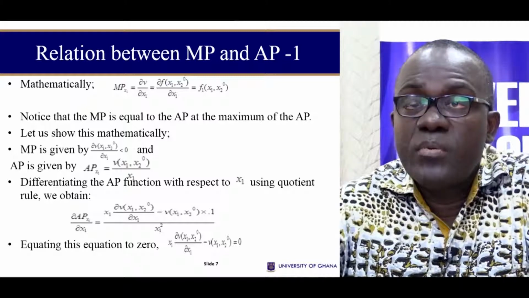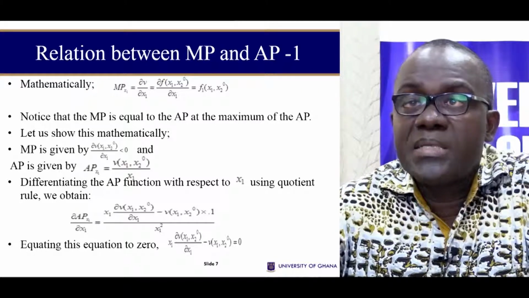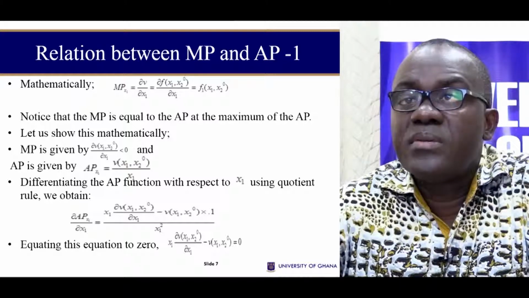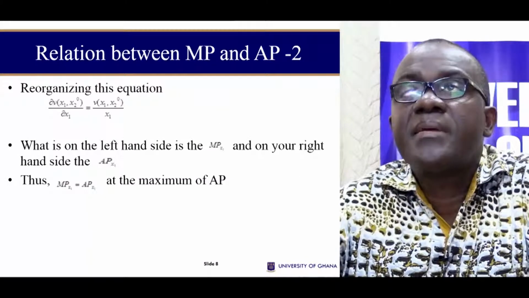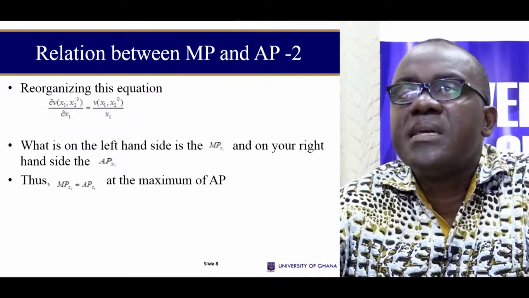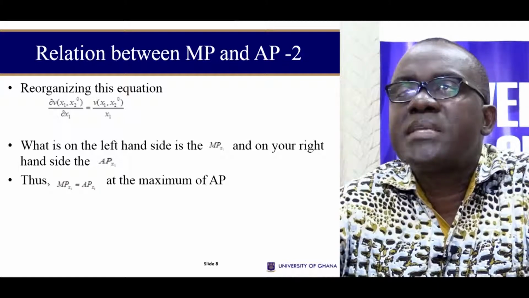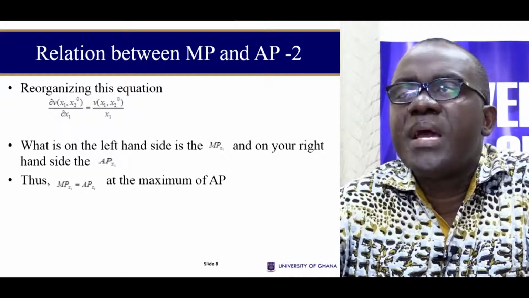We get this, and when we equate it to zero, multiply through by x1, and reorganize this equation, we obtain what is over here. What is left on the left side is the average product, and we have the marginal product being equal to the average product.